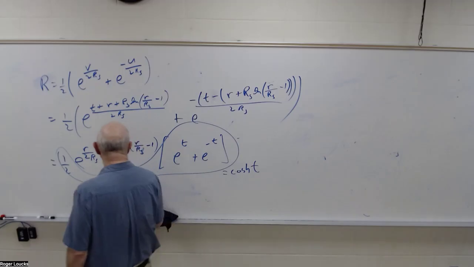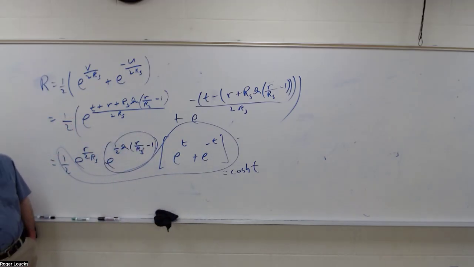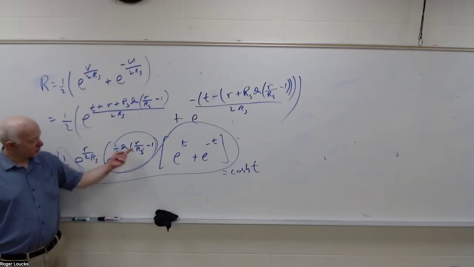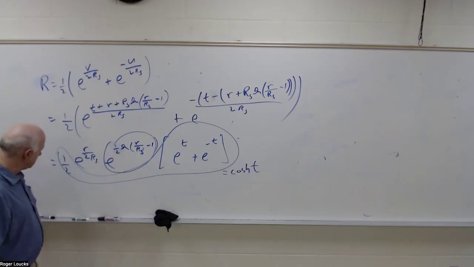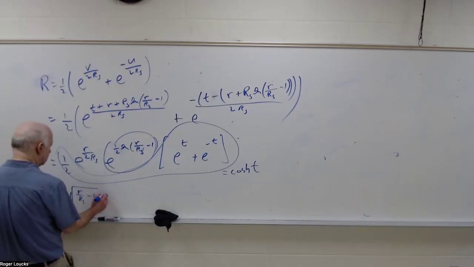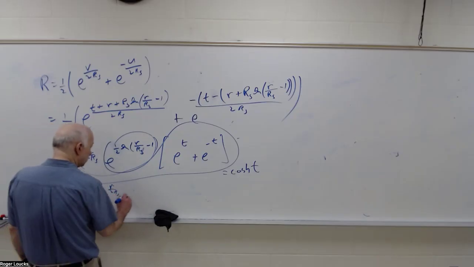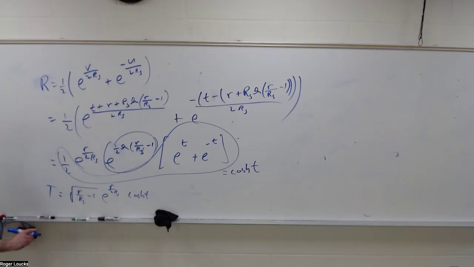And then what did we say happens with this guy here? The 1/2 goes up here, making the 1/2 power. Then we exponentiate the logarithm. So that gives us this square root of R over R_S minus 1 times this e to the R over 2R_S times the cosh t. That's what that capital R is.